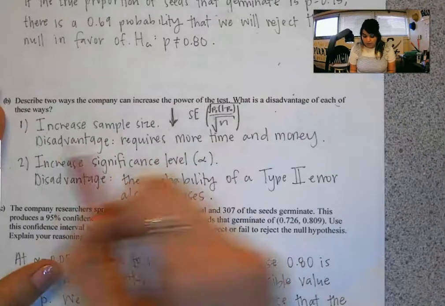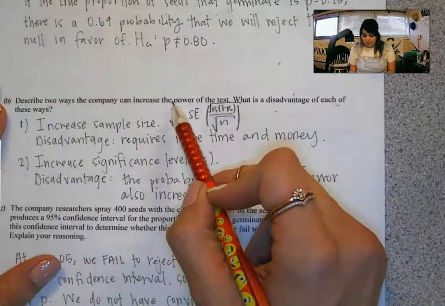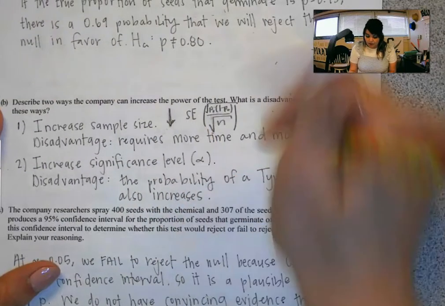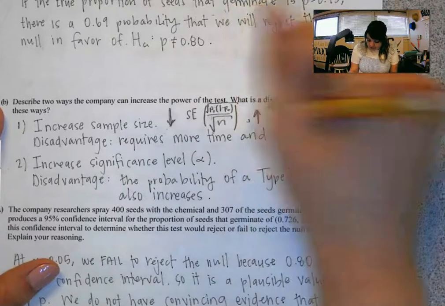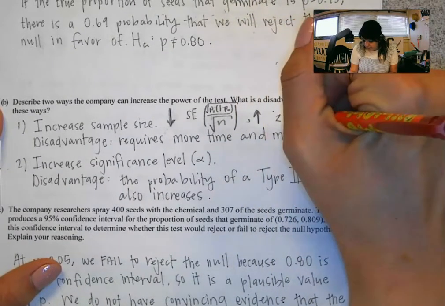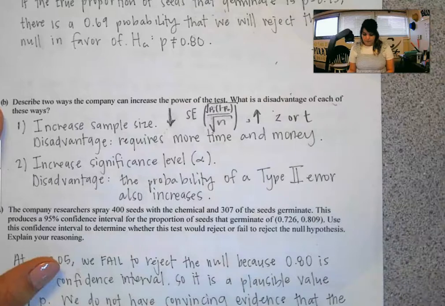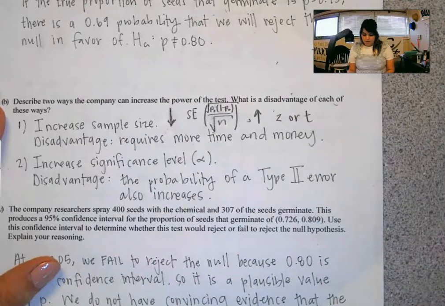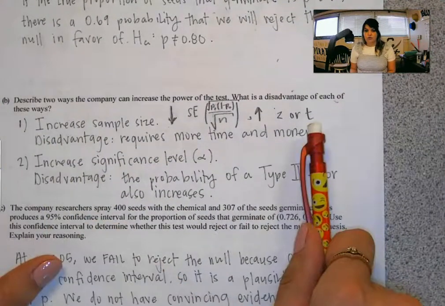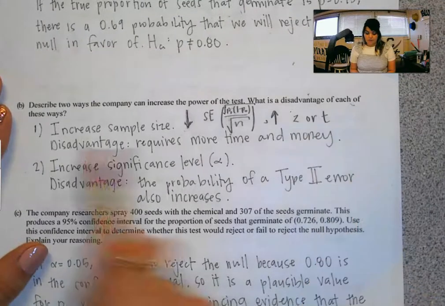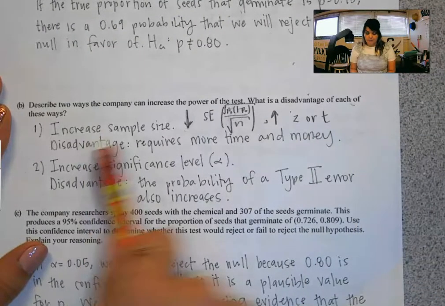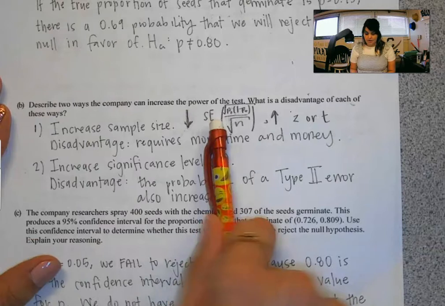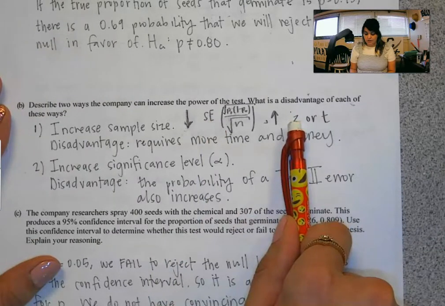So if we increase sample size, we decrease standard error, which increases Z or T. In the very least, you should memorize this. Increased sample size decreases standard error, which increases Z or T.